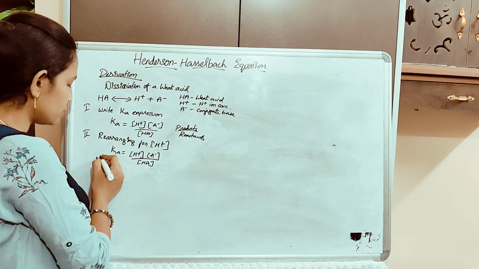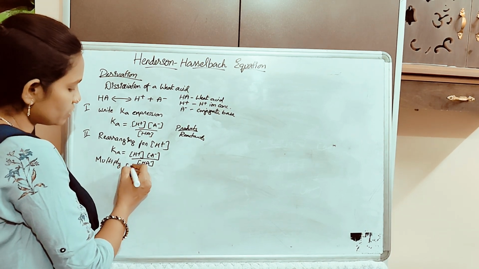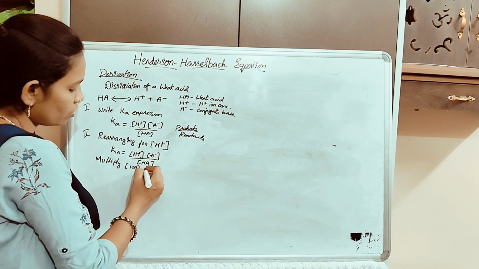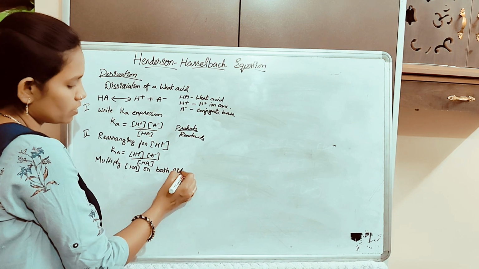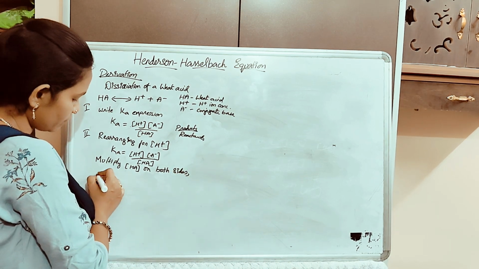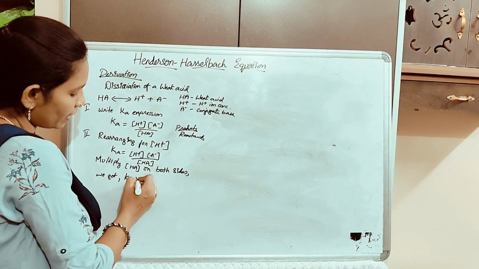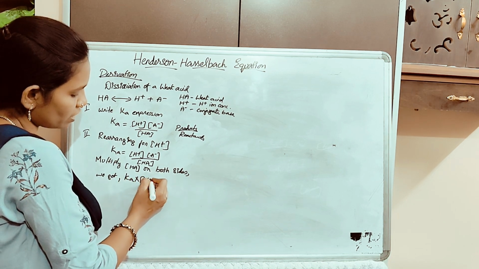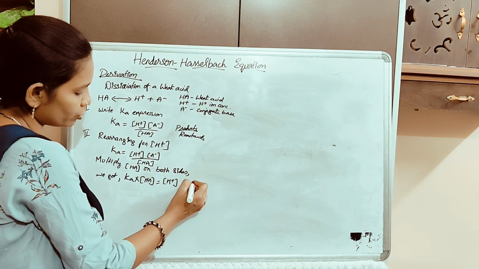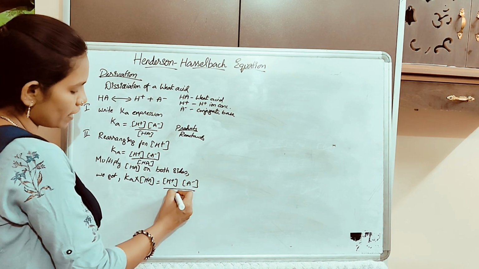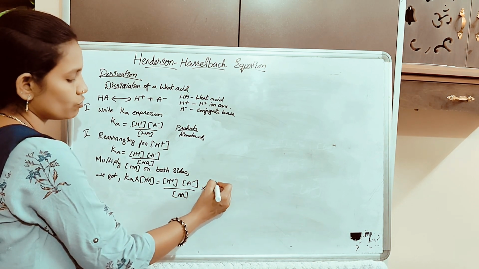Now, you have to multiply concentration of HA on both sides. Then what you will get? We get Ka into concentration of HA is equal to concentration of H plus into concentration of A minus by concentration of HA into concentration of HA.